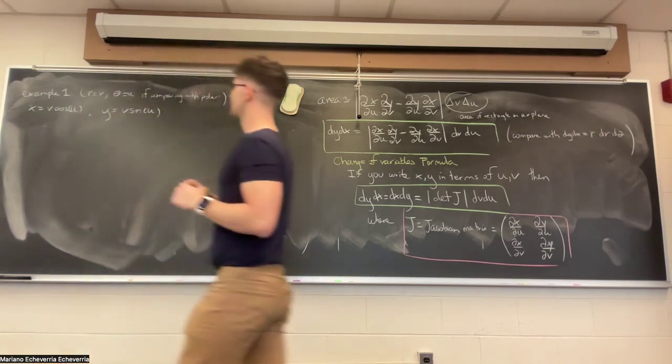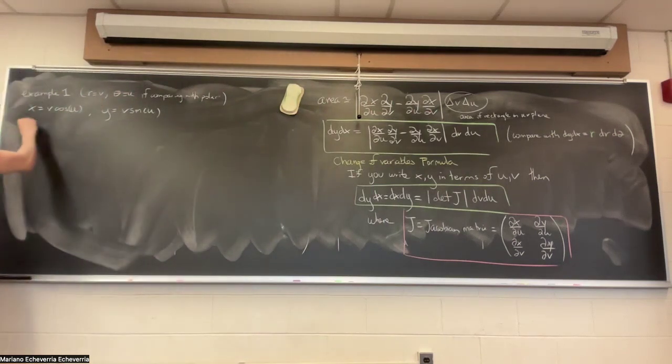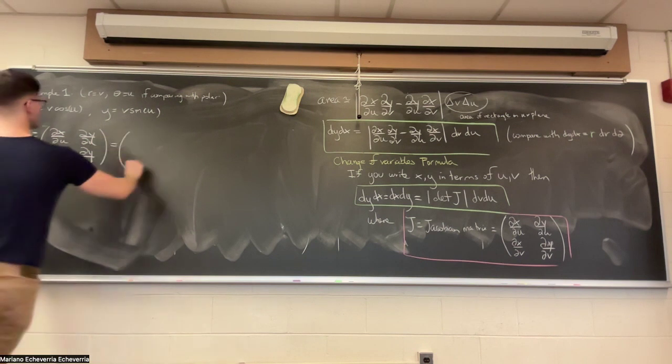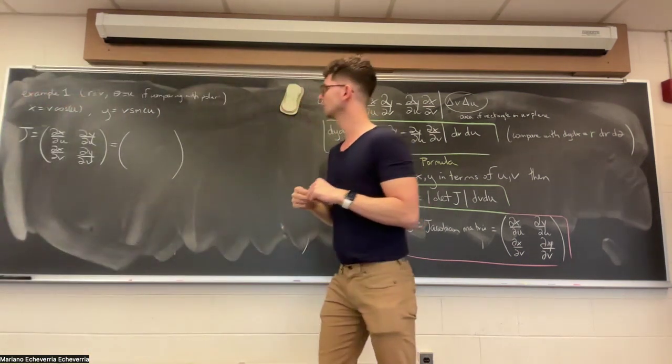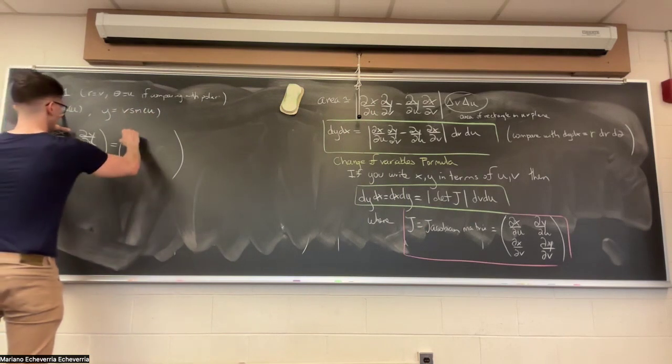So what is the Jacobian matrix in this case? It is the derivative of x with respect to u, the derivative of y with respect to u, the derivative of x with respect to v, and the derivative of y with respect to v. So it's a 2 by 2 matrix. What's the derivative of x with respect to u? That's minus v sine of u.